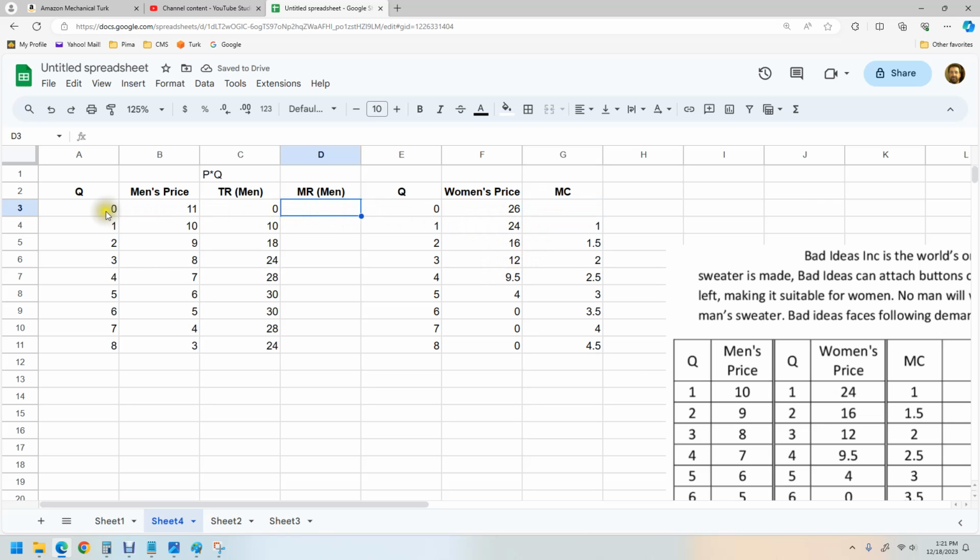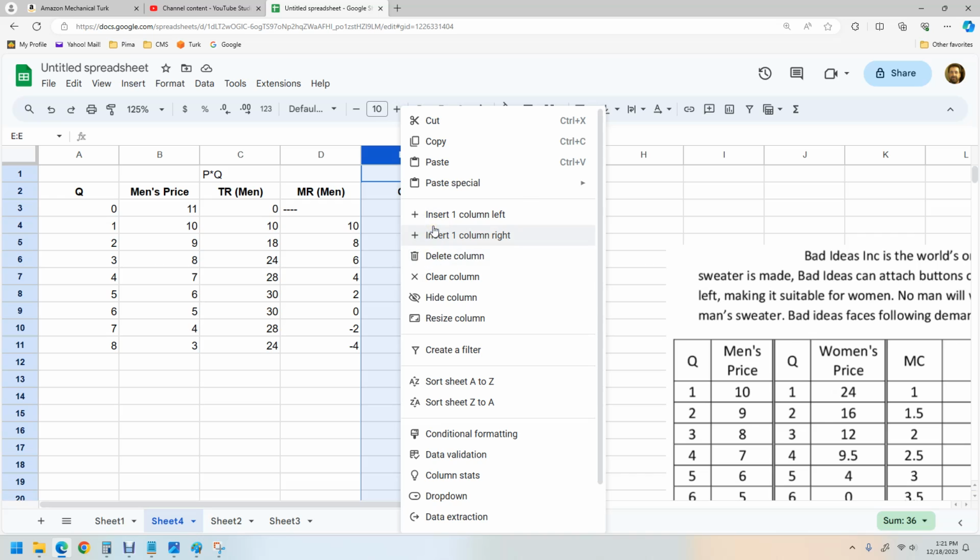There is no marginal revenue at 0, so we'll just put a couple of dashes there. Marginal revenue means additional, so it's this minus this. Technically, it's divided by this, but since this is 1, 2, 3, 4, 5, we'll just leave it. So there's our marginal revenue curve for men, and we're going to compare that to marginal cost.